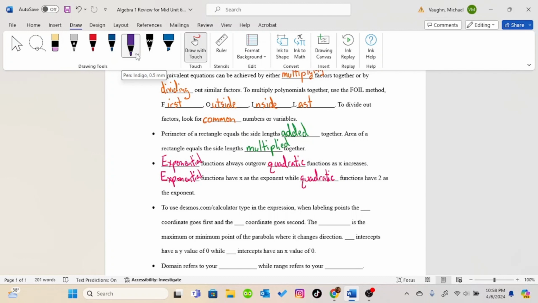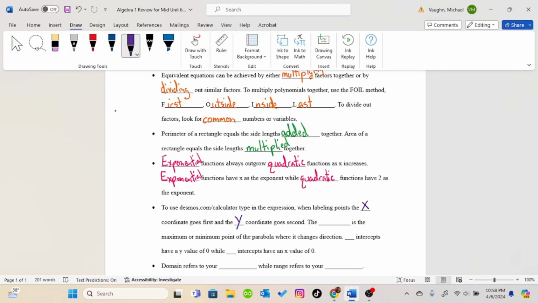And they want you to label the points. So you need to understand that when labeling points, the x coordinate goes first and the y coordinate goes second. So the x coordinate is the number left to right, and the y coordinate is the number up and down.